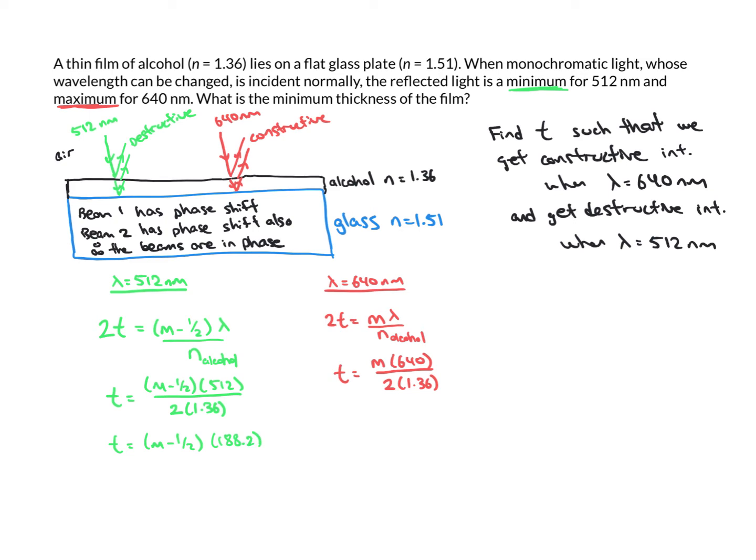And on the red side, 640 divided by 2, and also divided by 1.36. That is 235.3.